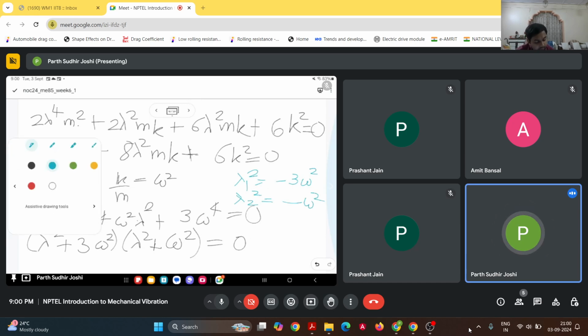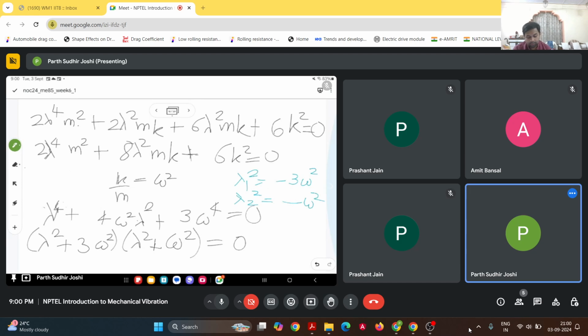So you can also write lambda 1 1 as the root of lambda 1 square. Omega square is positive and minus 3 is a negative number, and the square root of a negative number will be imaginary, right?